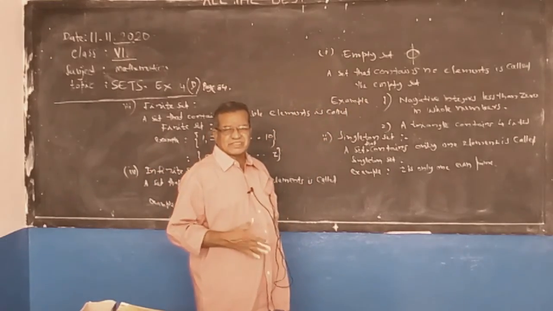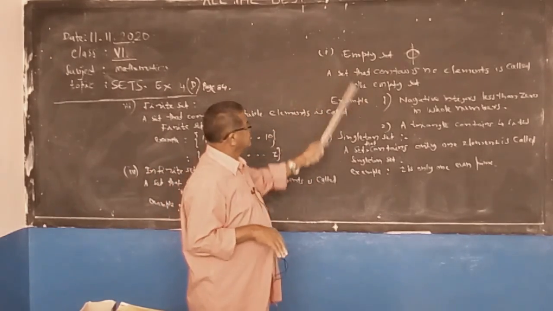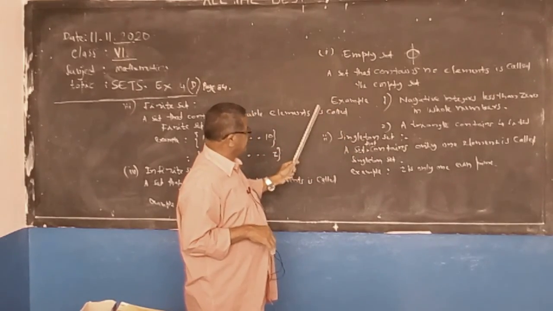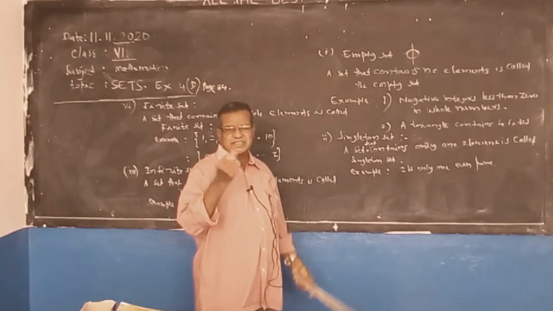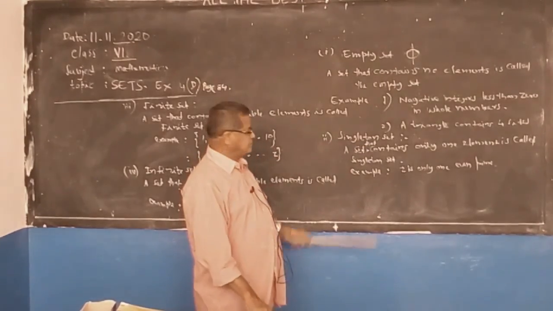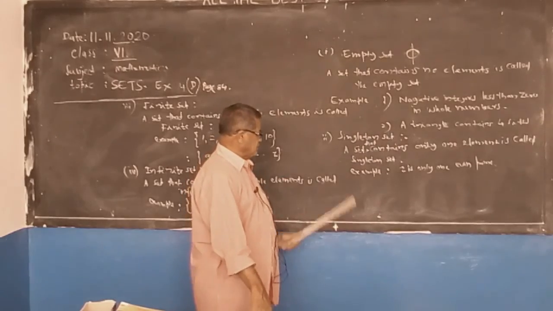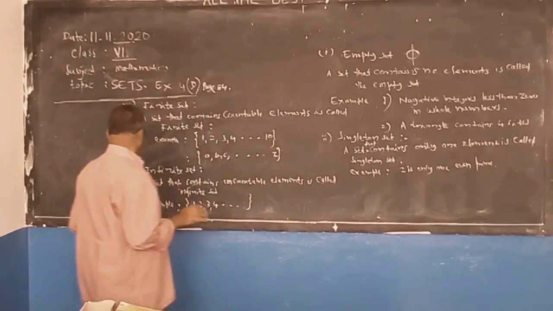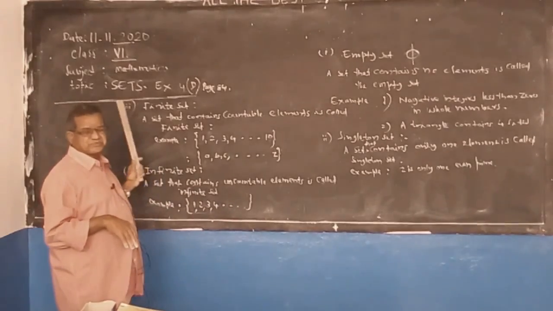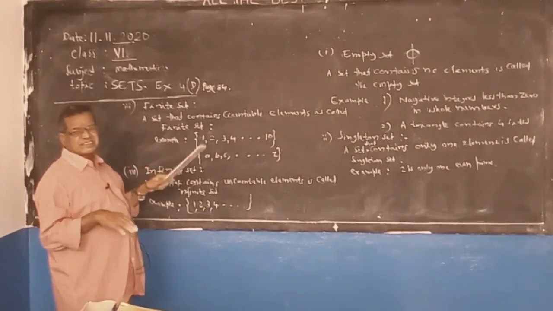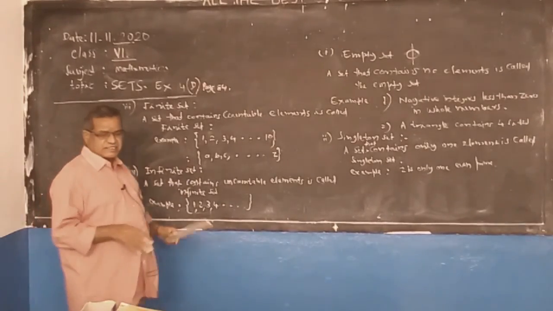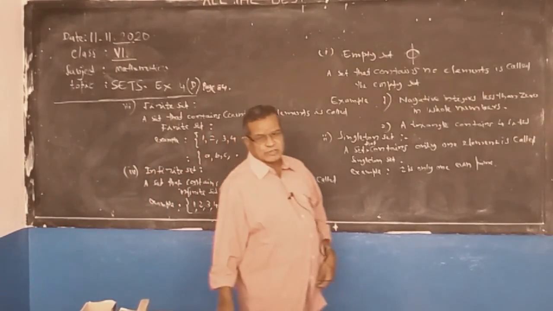Our stomach is empty in the morning. Empty set. And singleton, only a single element. And third, finite set. Finite, we can count. A set that contains countable elements. Infinite set, a set that contains uncountable elements.